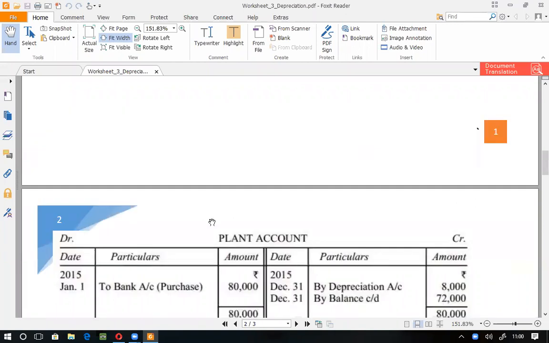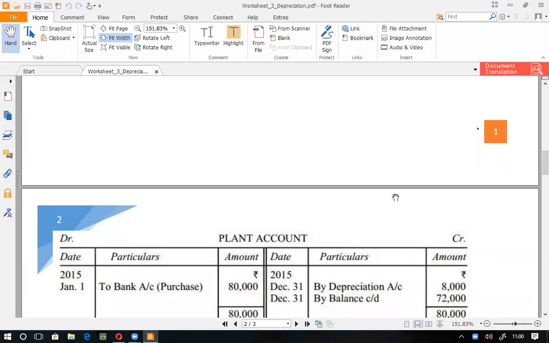So this way we'll come to the account, debit side, credit side. Date, particulars, amount, date, particulars, amount. So to bank account on Jan 1, 2015, this machinery was purchased for 80,000 and now 10% we need to charge as depreciation.